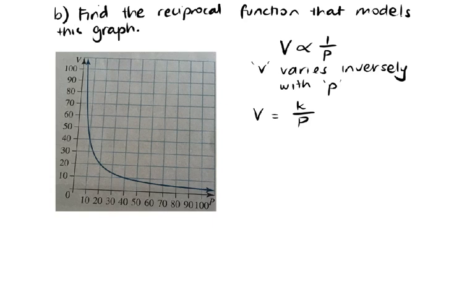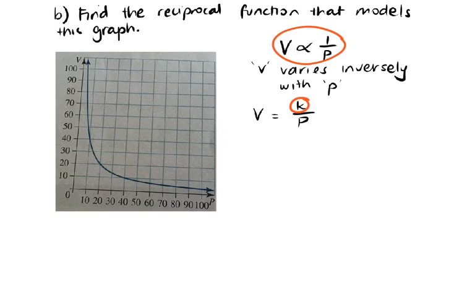So now using the graph, we're going to find the reciprocal function that models it. So we knew that the volume varies inversely with P. So we can write this here. And this looks very similar to that original reciprocal function. And with the original reciprocal function, we use K, which is our constant. Now what we want to be able to do is find a value for that constant for this particular example.